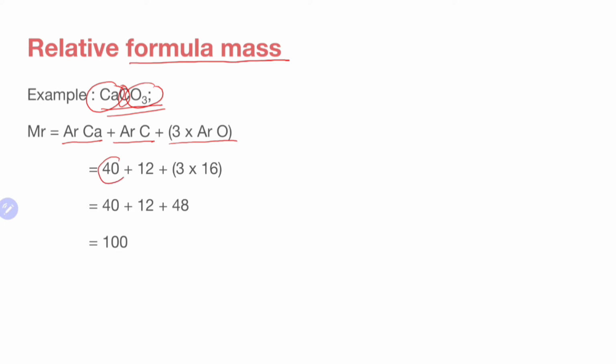We get the AR from the data: 40 for calcium, 12 for carbon, 16 for oxygen. But there are 3 oxygen atoms, so the AR is times 3. So we get 40 plus 12 plus 3 times 16, which is 48. So the MR is 100.